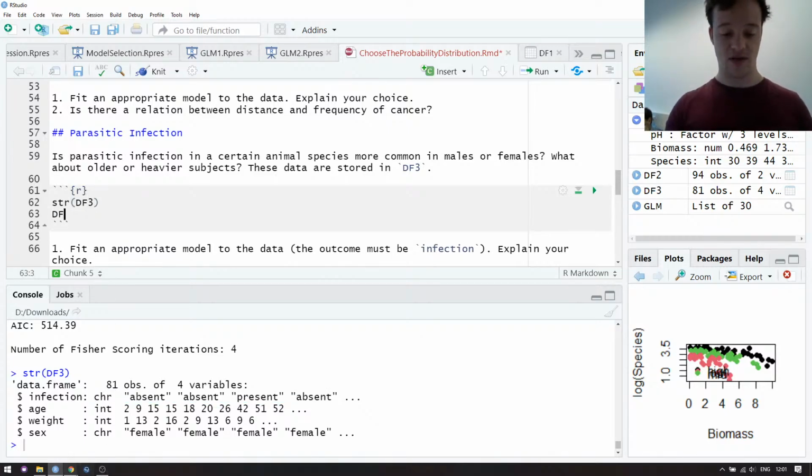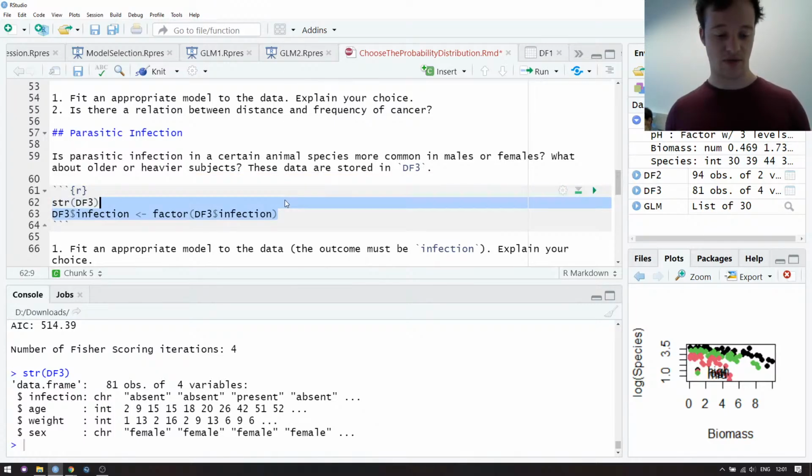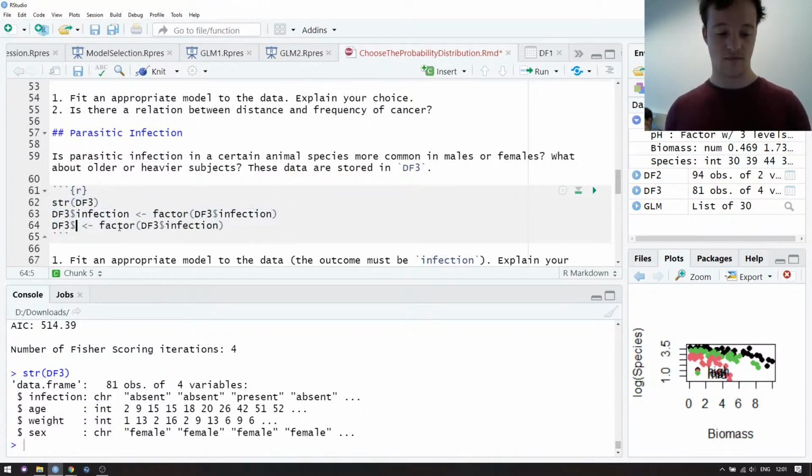So first step, fix the data. So infection is gonna be a factor. Second one also, I'm just gonna copy paste this. Sex should also be a factor.